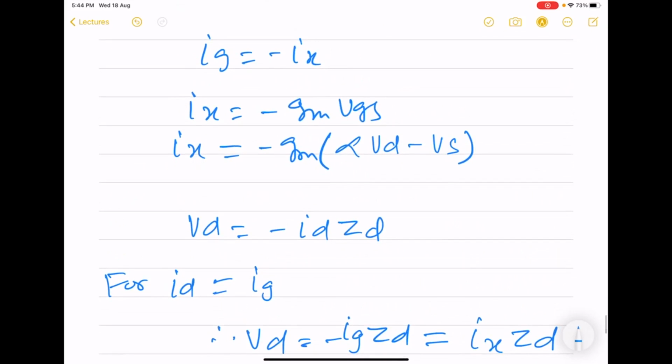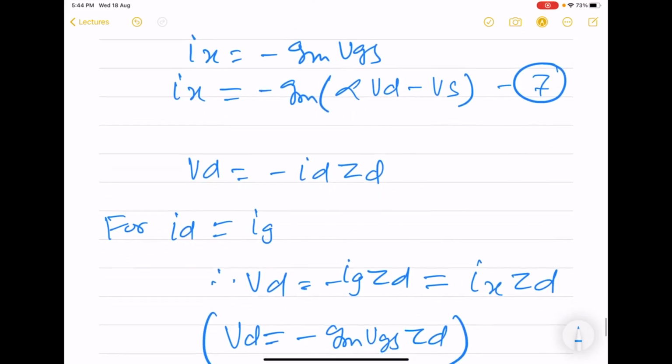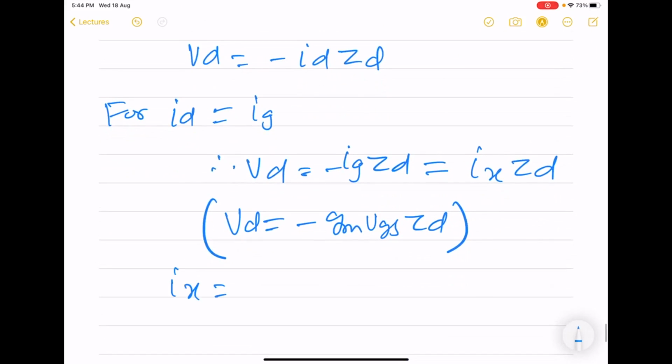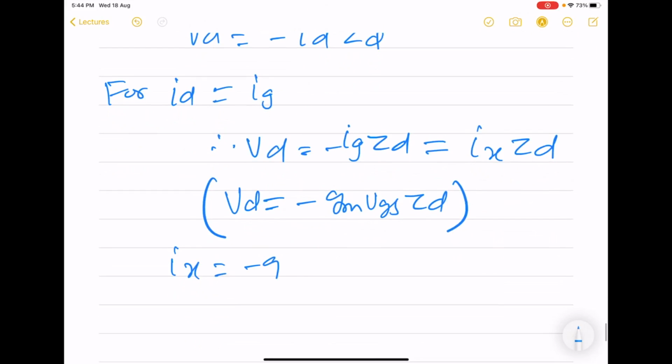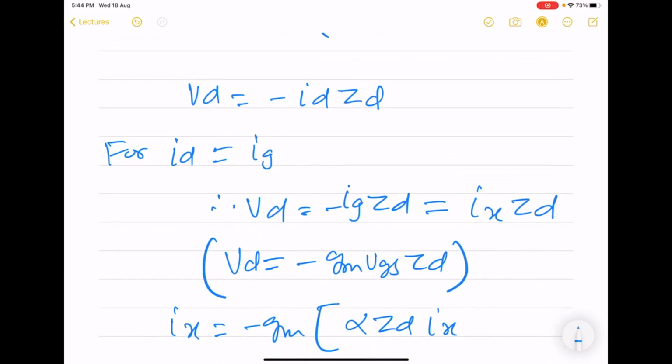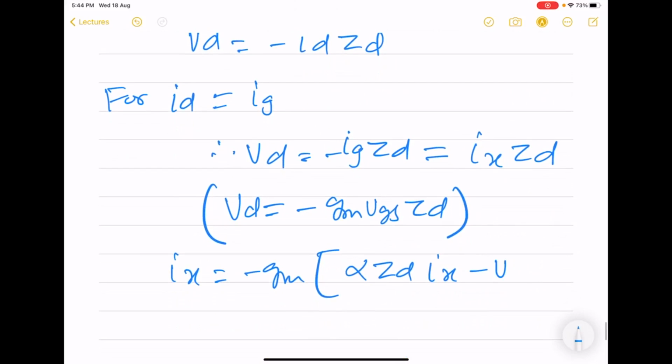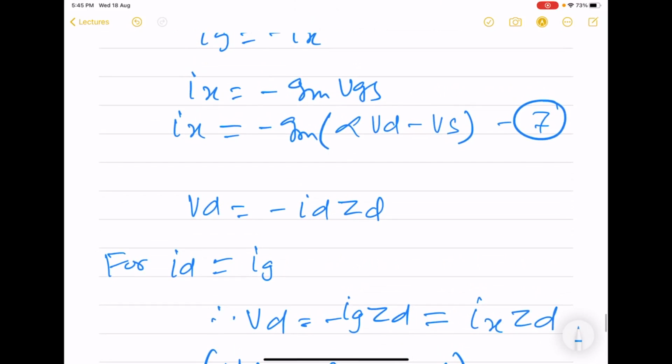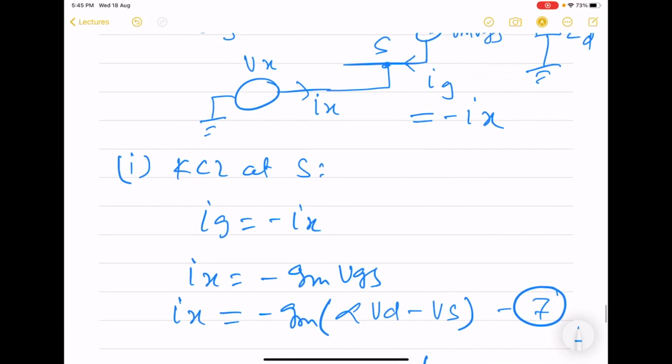So now we can go back to this equation, equation 7. So Ix is equal to minus Gm alpha ZD Ix minus Vx. So this Vs is nothing but equal to Vx, because these two nodes are shorted.